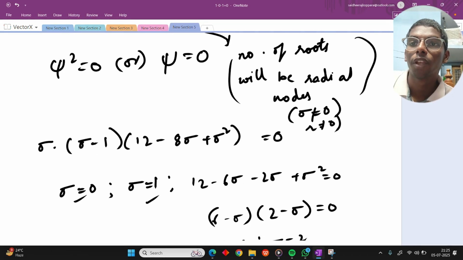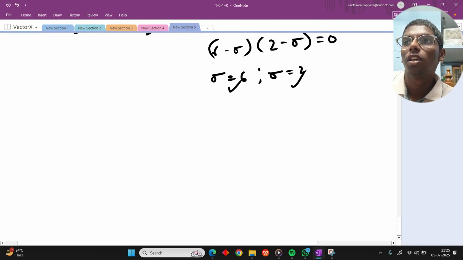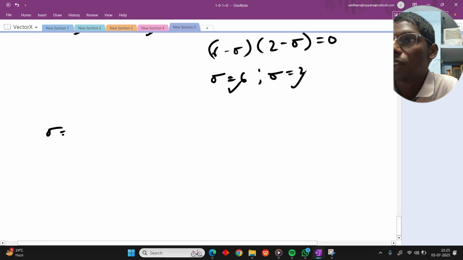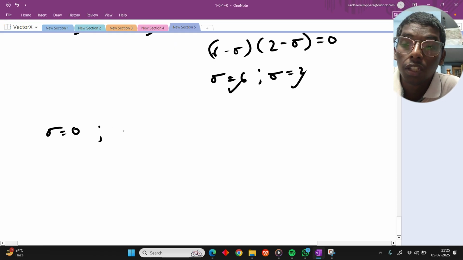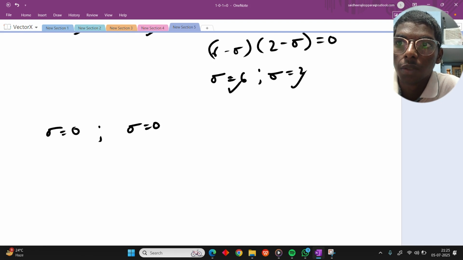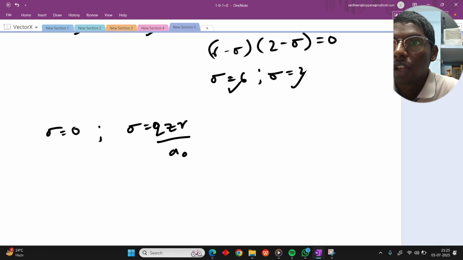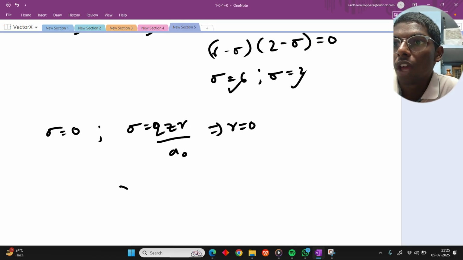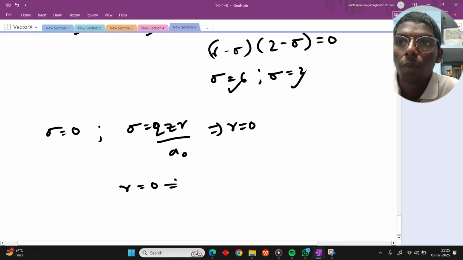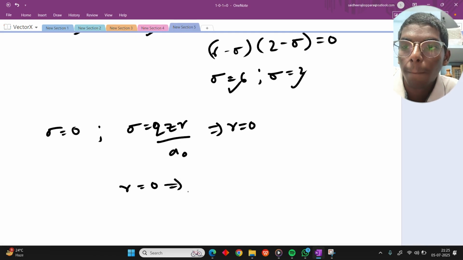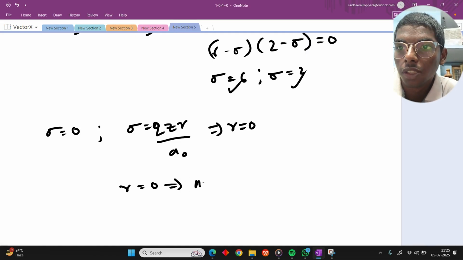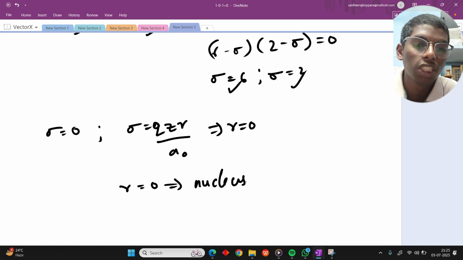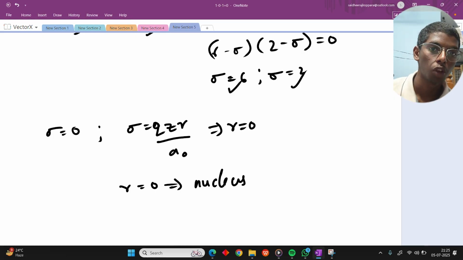Why? Because sigma is 2 times zr by a naught. If sigma is 0, that means your r value will be 0. If your r value is 0, that will be your nucleus, and it's quite obvious that your nucleus cannot be your node.